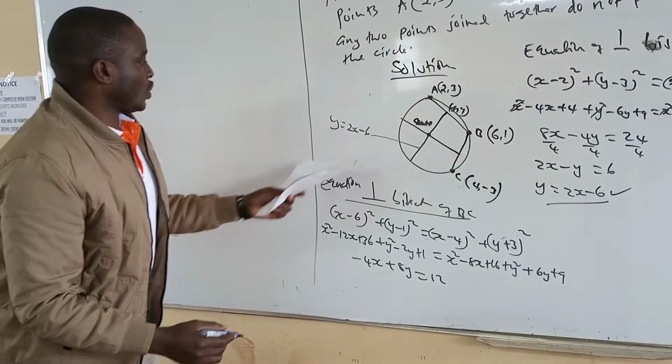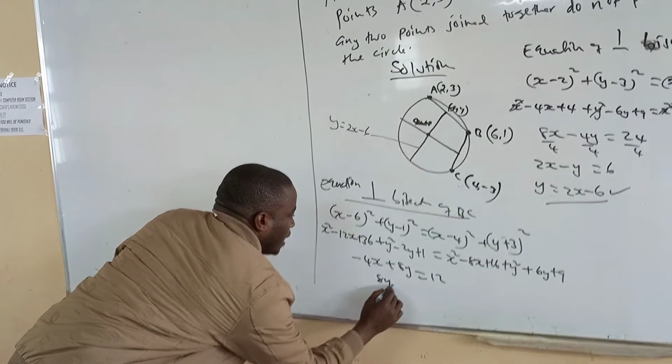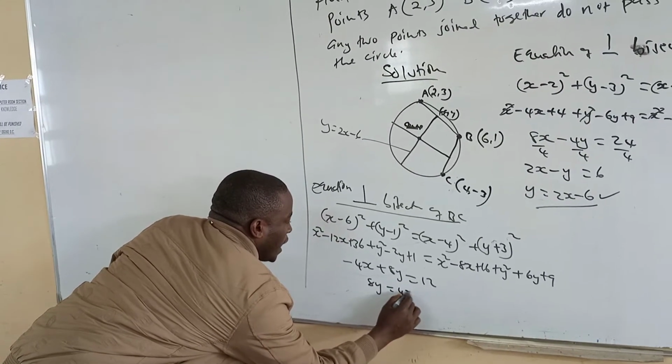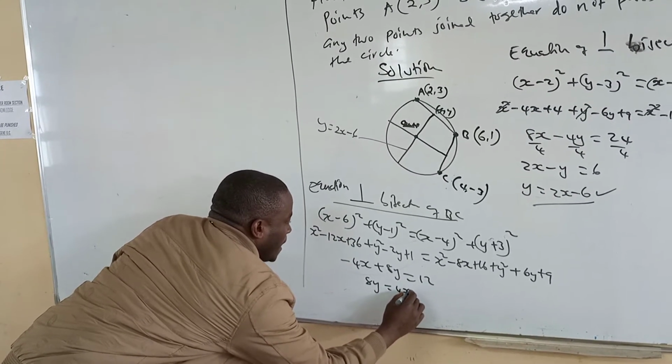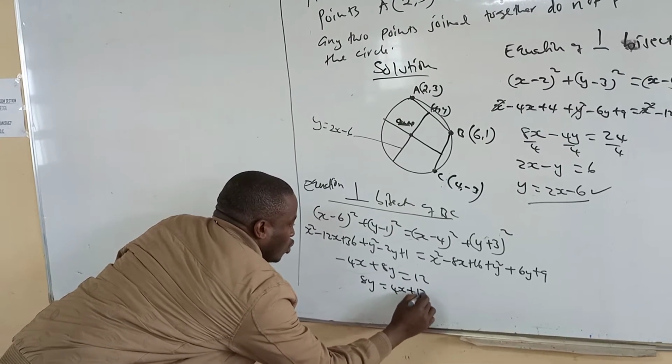You can rearrange in this other form, beginning with y: 8y equals 4x plus 12.